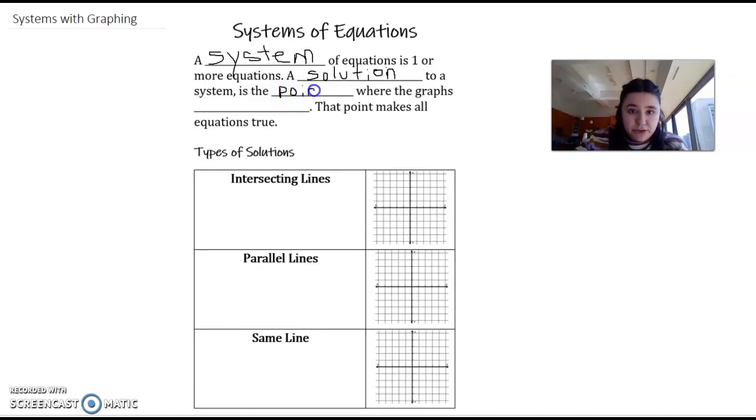Sometimes you can have multiple solutions, just to let you know, but we're just going to look at one solution where the graphs touch. That point makes all equations true.